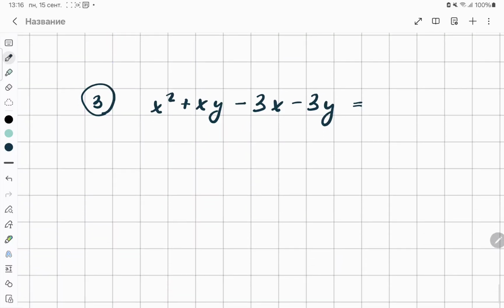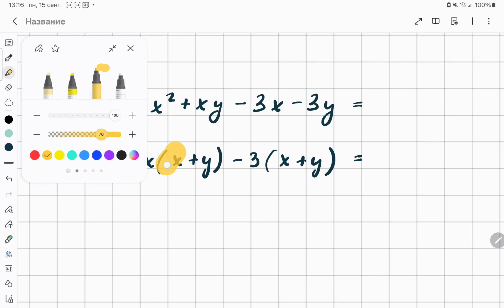Okay, and let's consider the last example. So here again let's combine the first 2 terms together. We will take x out of brackets, (x plus y), and here it is better to take minus 3 out of brackets. That's how we will get x plus y inside the brackets.